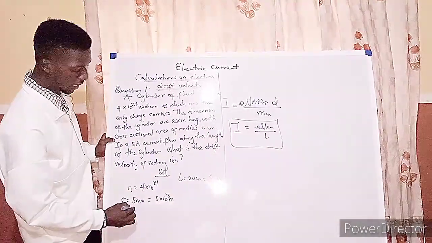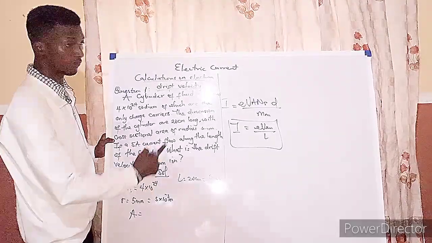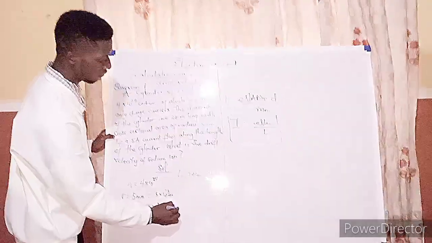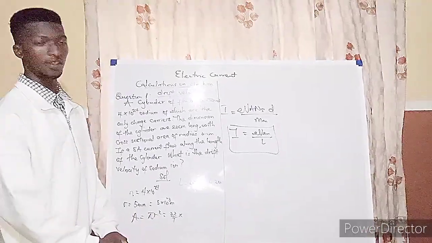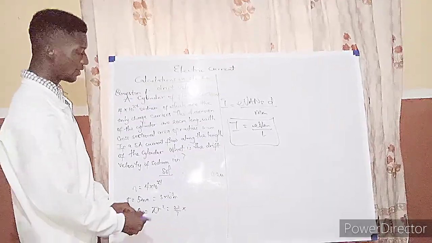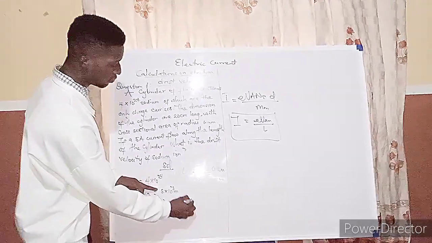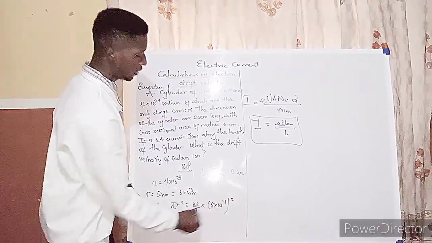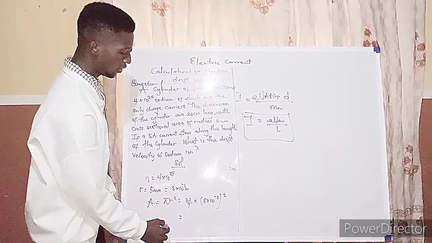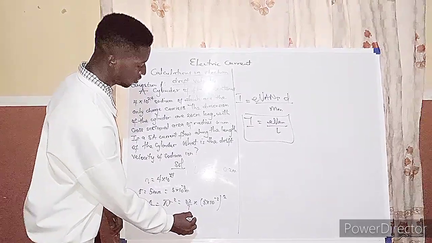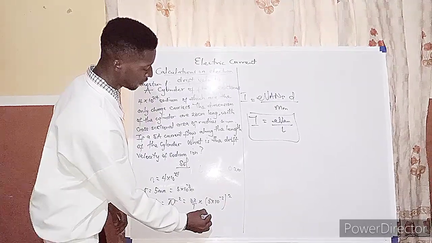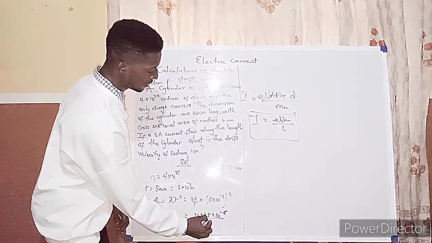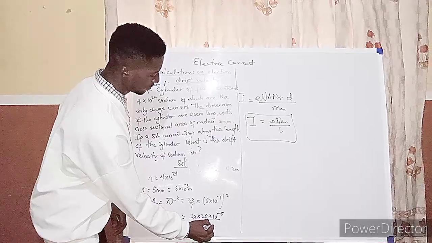To get the area, that's very simple. We know that the cross-sectional area is pi r squared. So we say area equals 22 over 7 times our radius, which is 5 times 10 raised to the power minus 3, and you know you have to square this. Squaring this, 5 squared gives 25 times 10 raised to the power minus 6, everything over 7.